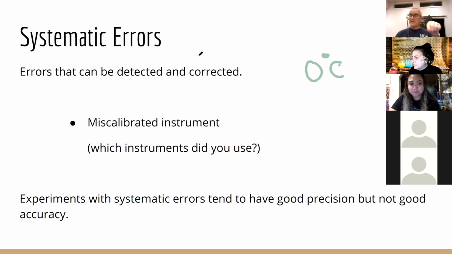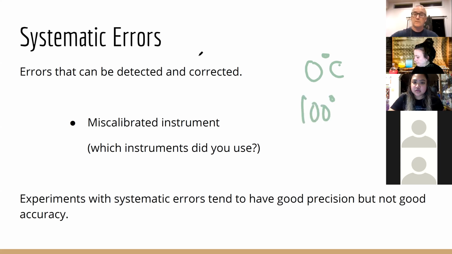So you would put your thermometer in there and tell it that is 0 degrees Celsius, because it doesn't know it's 0 degrees Celsius. Then you put it into some boiling water. Now, what's the temperature of boiling water? 100 degrees Celsius, exactly. So you put it into 0, you say that's 0.